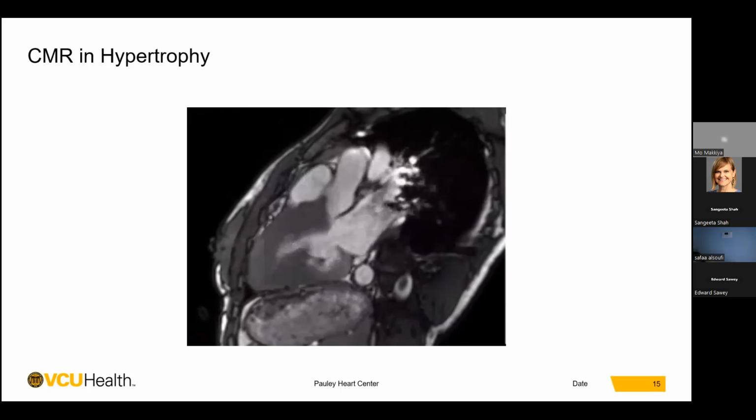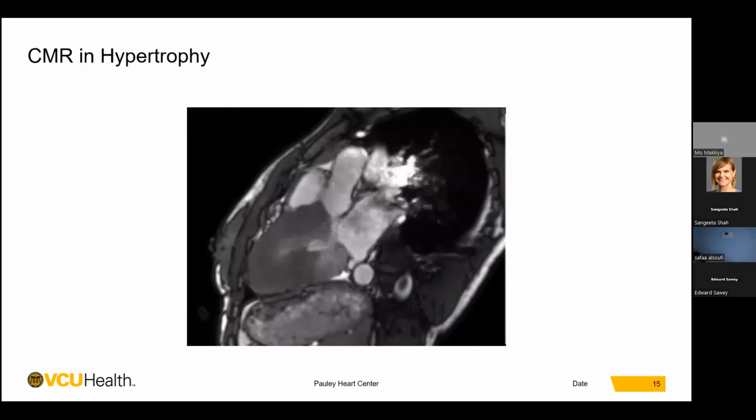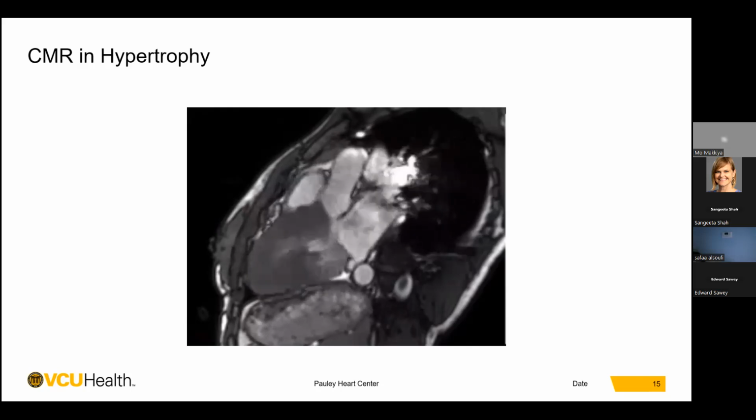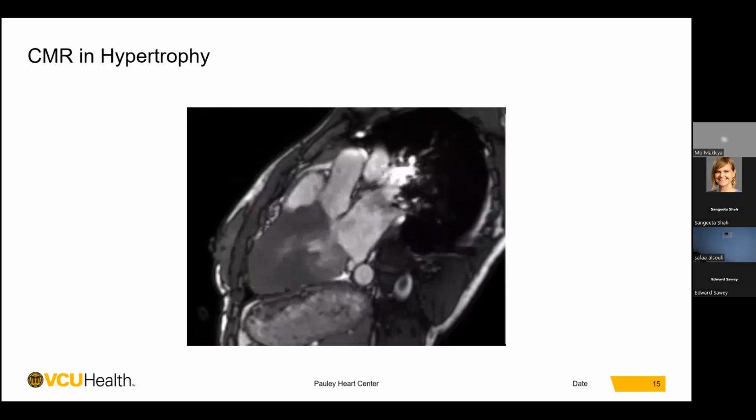Also can help to evaluate if there is concomitant aortic valve disease. Also, MRI can be used to assess the diastolic filling velocity, obtaining curves similar to those of echocardiographic Dopplers.